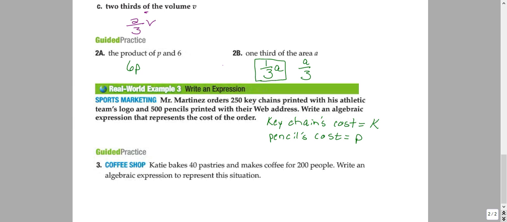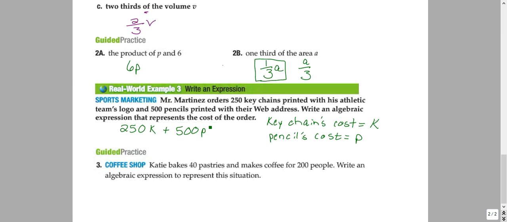Okay, we're writing an algebraic expression that represents this. So the cost of the keychains plus the cost of the pencils. We understand that we have 250 keychains times how much each one of them costs, which we don't know. So this is where K comes into play. We have to add that to the 500 pencils that he wants to buy times how much they cost.